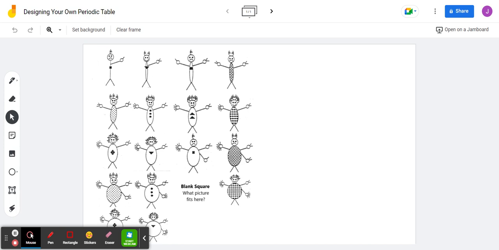And his genius was that he thought to leave blank spaces for the elements that hadn't been discovered yet. He was even able to predict the properties of those elements. So one of our pictures in this lab is indeed a blank square. We're going to be Mendeleev.